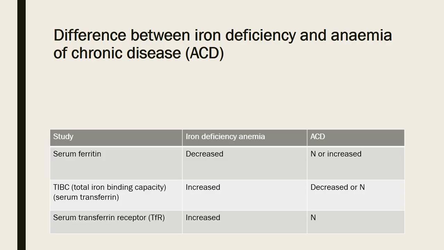So it will be increased in chronic inflammation or chronic diseases. TIBC will be increased in iron deficiency while it will be decreased or normal in anemia of chronic disease. Serum transferrin receptor will also be increased in iron deficiency while it will be normal in ACD. So we can differentiate by these investigations.